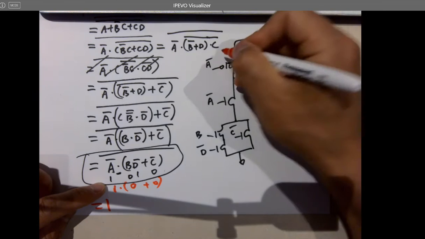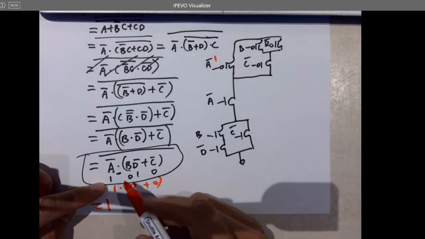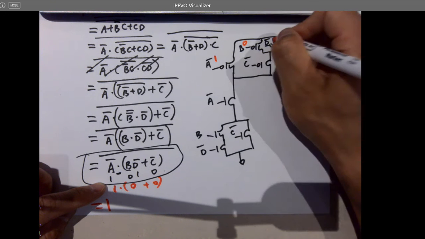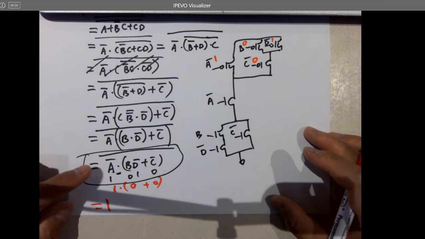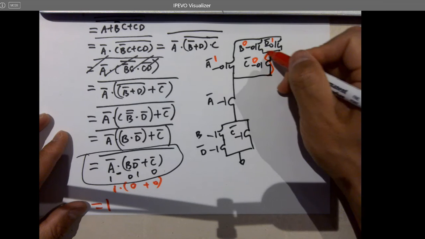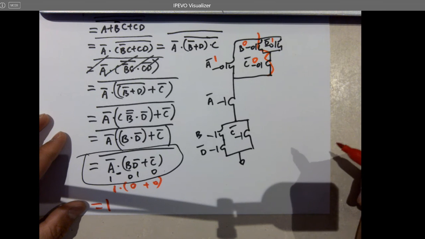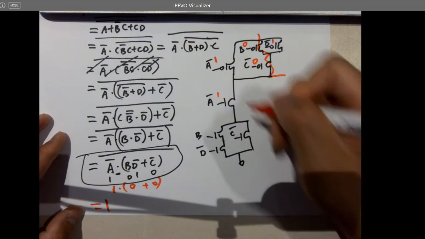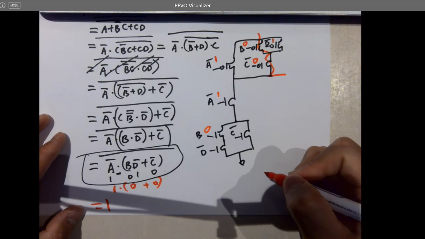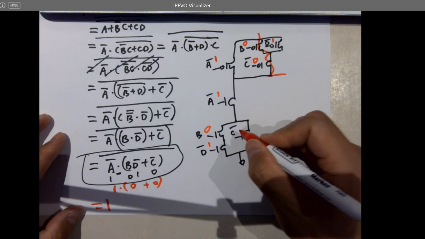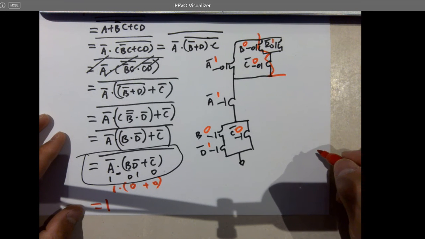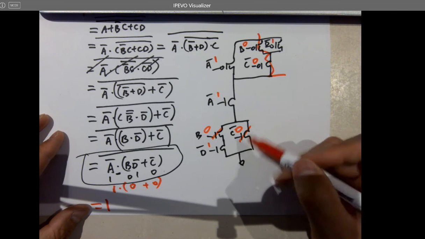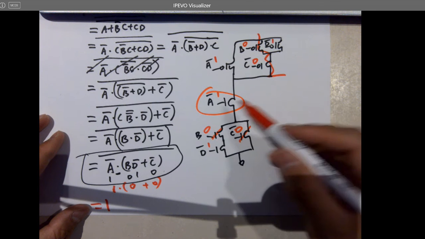So A naught is 1, so A naught B is 0, D naught is 1, C naught is 0. We got a pathway to pull it up to VDD. So got a 1, but still have to block whatever underneath here. So 1 here, B is 0, D naught is 1, C naught is 0. It's blocked. These two are blocking the pathway to the ground. Although this is on, it's not going to make it work.